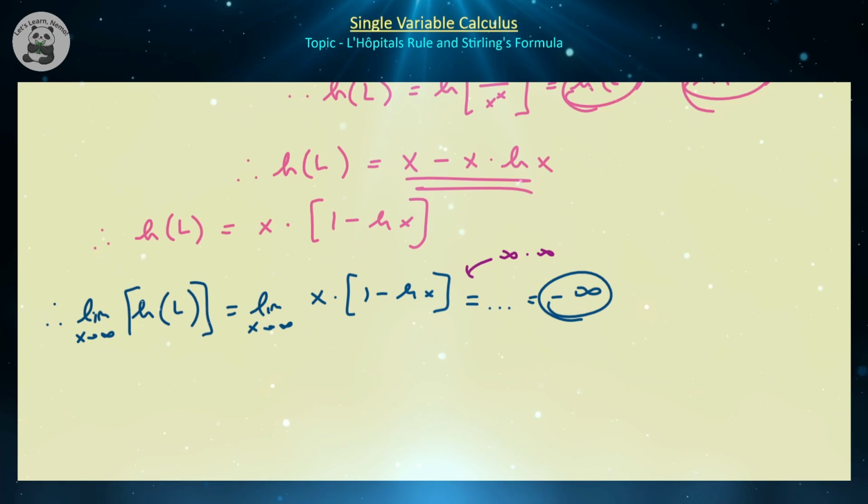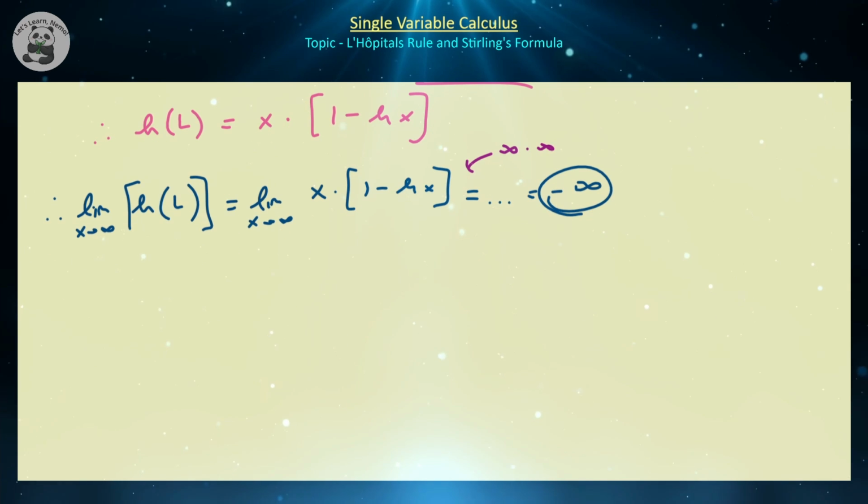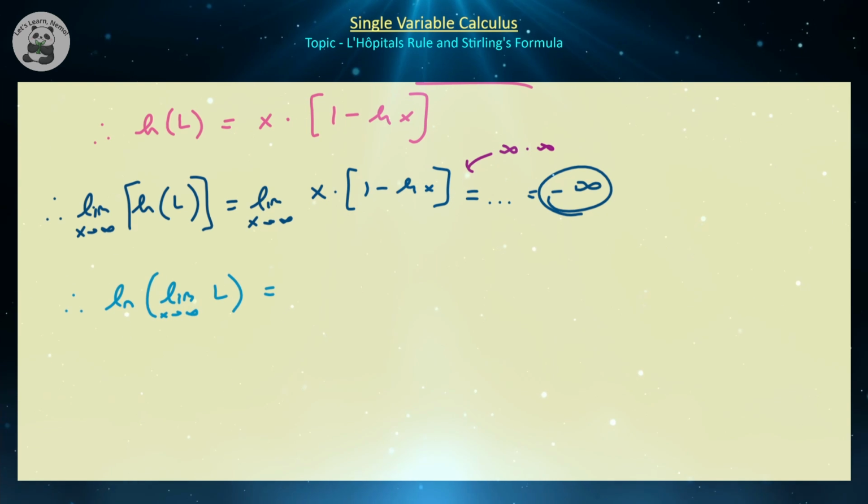So how does this loop back into our original expression? Keep in mind limits can pass in and out of expressions, so we can actually write this as the natural log of the limit as x approaches infinity of L is equal to minus infinity, and then we can exponentiate both sides of this expression.